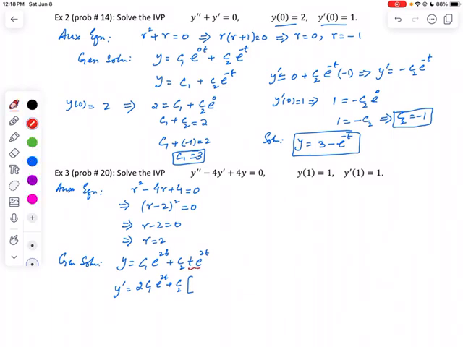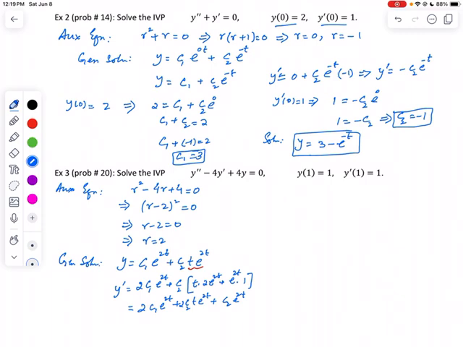Notice that this is a product of two functions, so I keep the c2 out because it's a constant. So we get t times the derivative of the second, which is 2e to the 2t, plus keep the second function as it is and multiply by the derivative of the first, which is 1. Cleaning it up: 2c1 e to the 2t plus 2c2 t e to the 2t plus c2 e to the 2t.